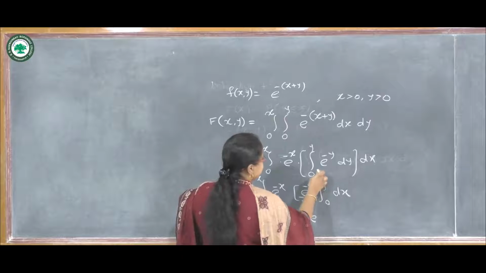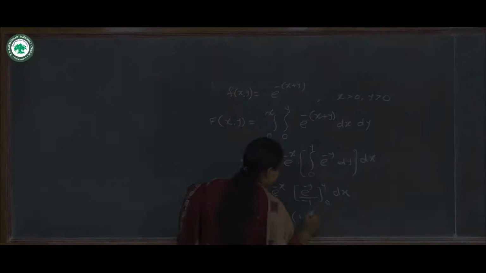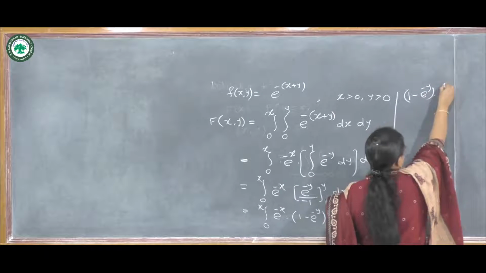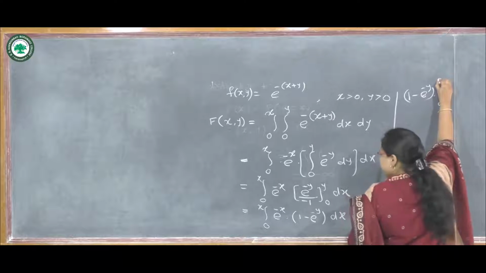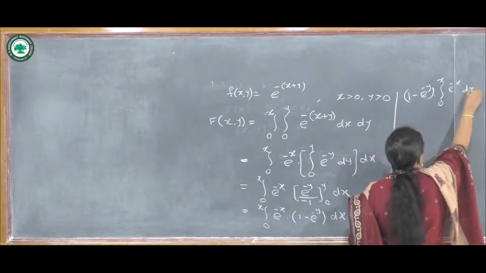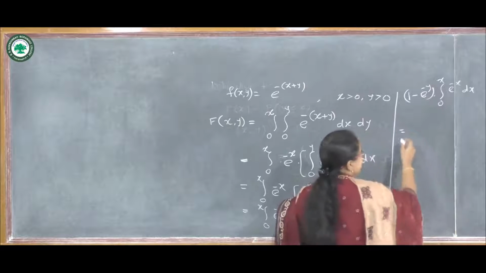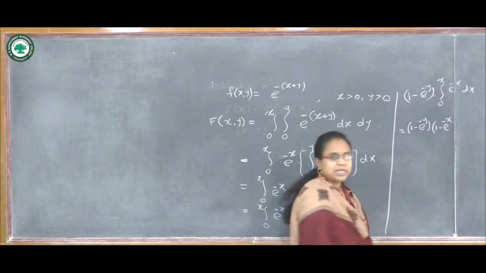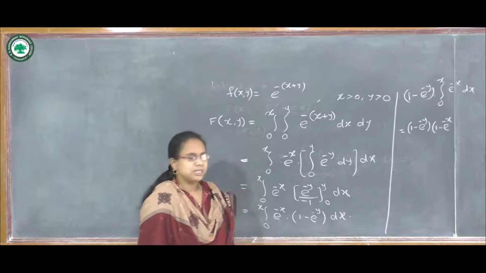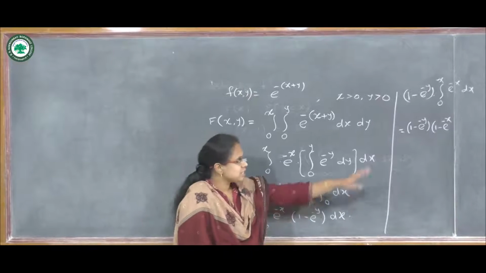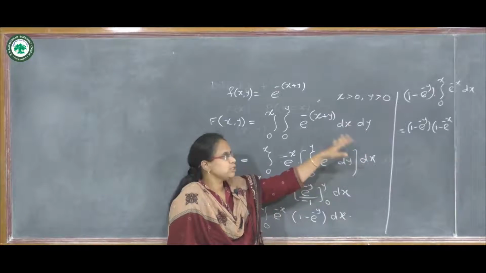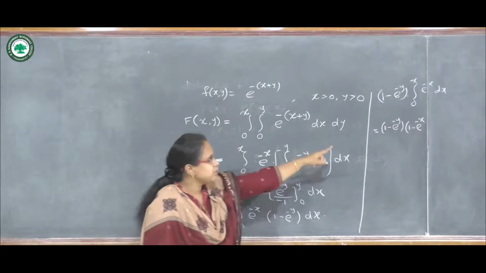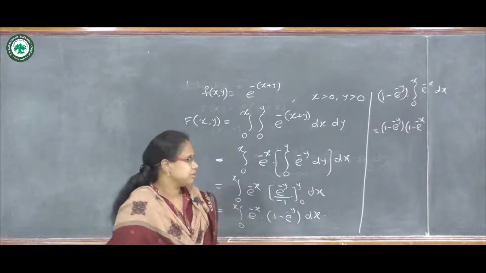So we are solving this integration for y. One minus e raised to minus y is a constant, and integration from 0 to x of e raised to minus x dx. Here similarly we can solve and we will get our final answer as 1 minus e raised to minus y into 1 minus e raised to minus x. So this is the CDF, that is the distribution function, for this given joint distribution, that is the joint PDF. We have calculated the cumulative distribution function.